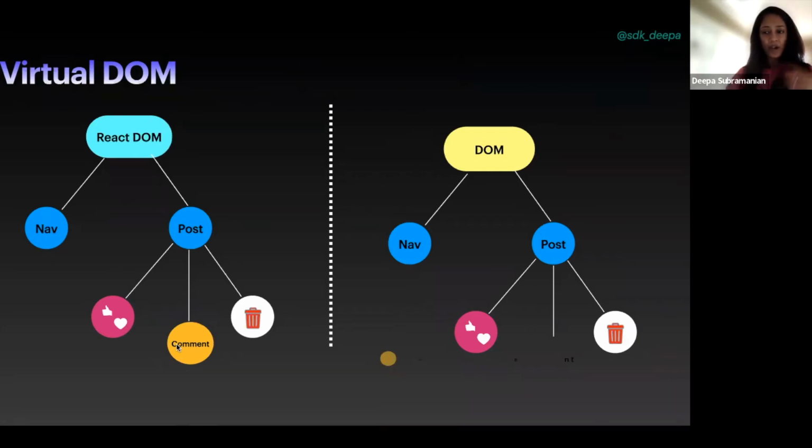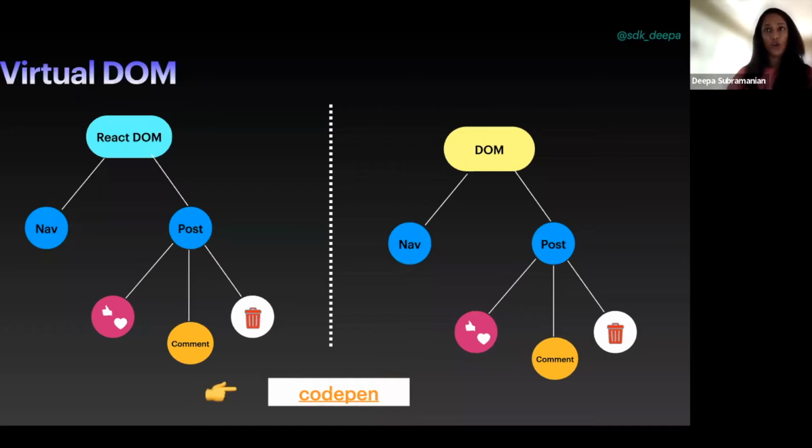So it will not reload the whole page. If you work with vanilla JavaScript, you have to work with DOM APIs and write jQuery to handle those events. Here, React does everything for you, and it only updates this part. That makes it very powerful.